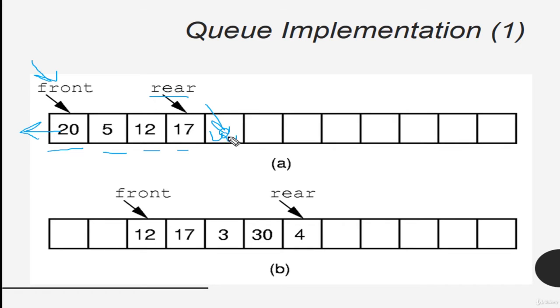Here I just want to add 18, then 19, then 20 again, then 21, then 23. If you want to delete the values, you can move like this: first one is 20, then 5, then 12, then 17, then 18, then 19, then 20, and then 21 and 23. You can move like this one. Okay, hope you understand now with this example.